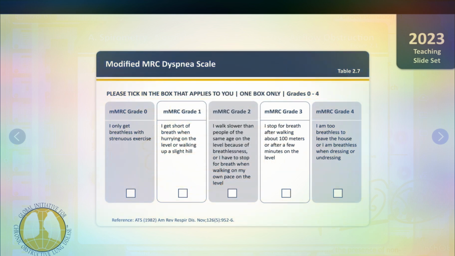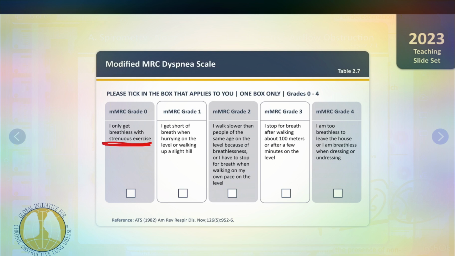Then they are telling about the modified MRC dyspnea scale, the mMRC scale of dyspnea. What is mMRC grade 0? In grade 0, breathlessness occurs only when the patient is doing strenuous exercise. What is mMRC grade 1?